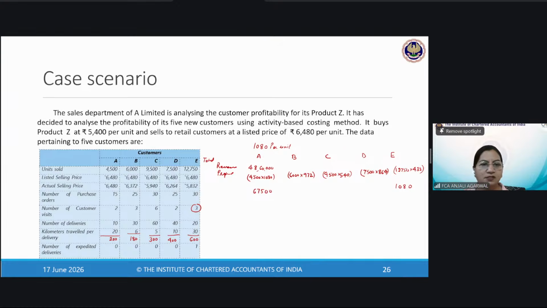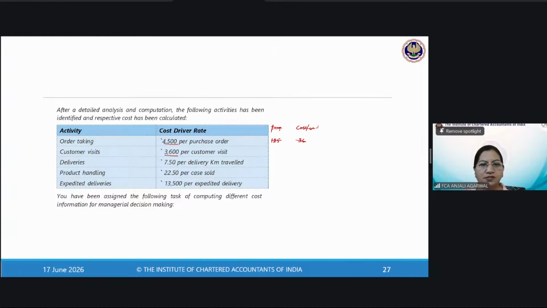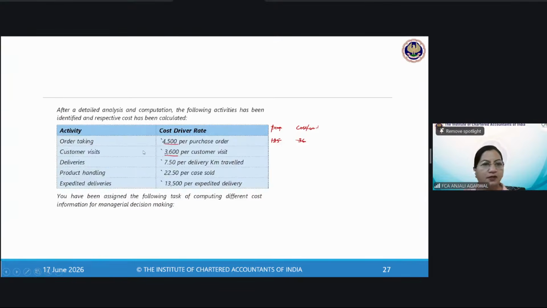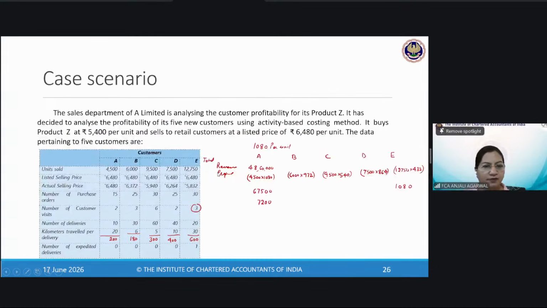The second cost is customer visits, 3,600 per customer visit. Customer visits are 2, so 7,200. Deliveries, 7.50 per delivery kilometer traveled. 200 into 7.5, 1,500.